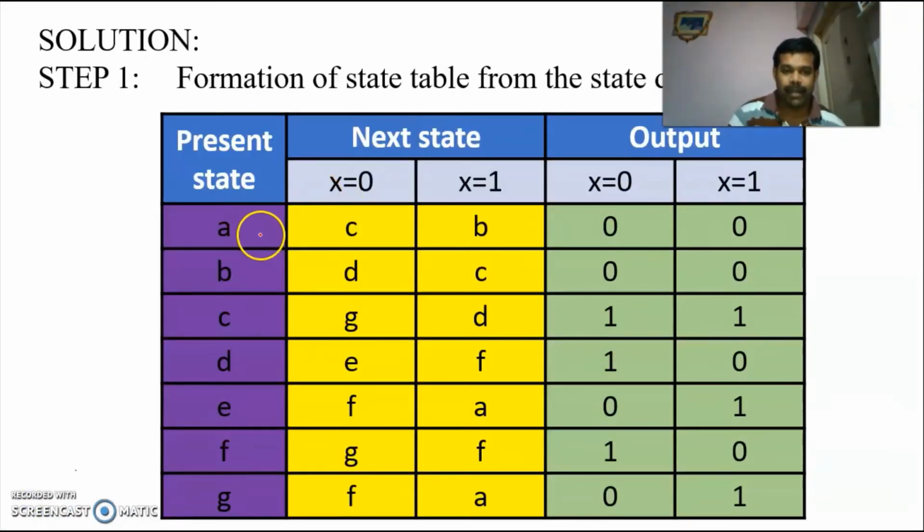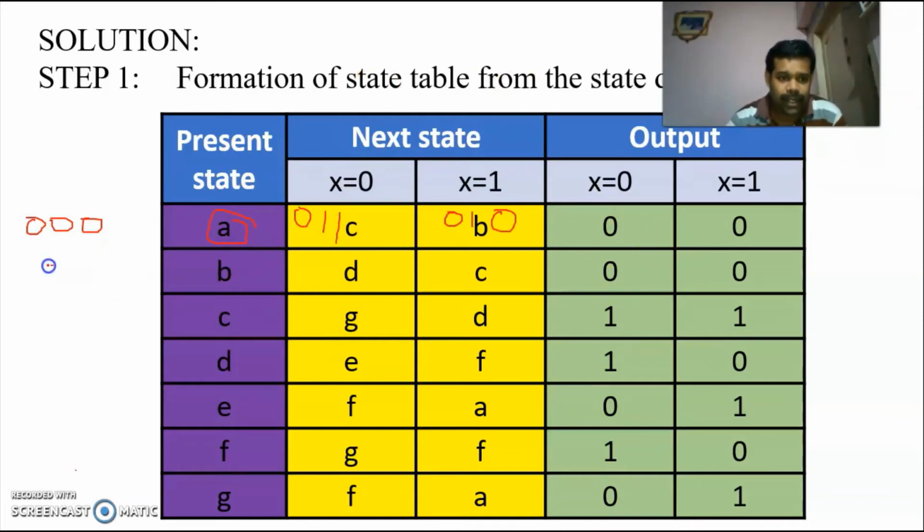From the state table we know that when the value of A, which you have taken after state assignment, is 0 0 0 and x is equal to 0, it is going to C. The value of C is 0 1 1. Similarly when you are in state A, that is 0 0 0, and you provide x is equal to 1, it is going to B, that is 0 1 0. So you are converting this state table into a transition table. You are just assigning values.